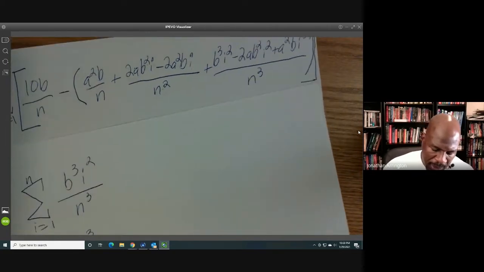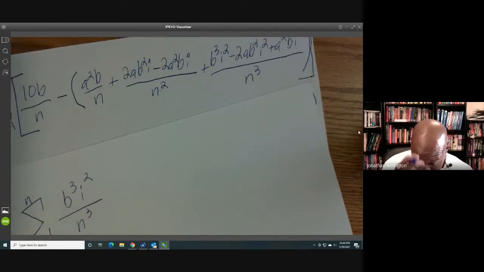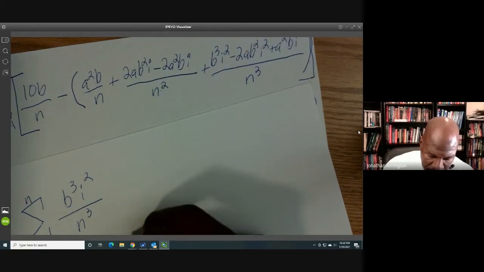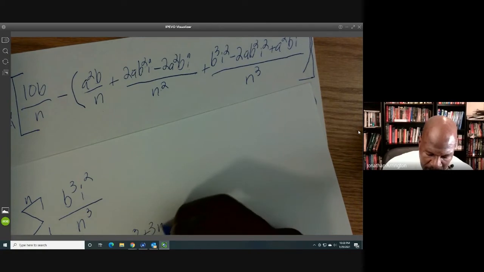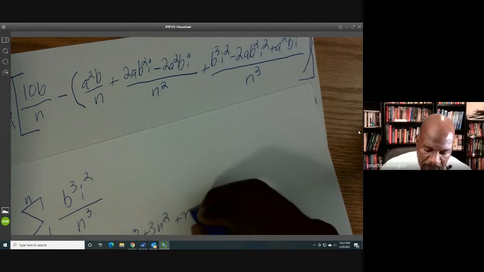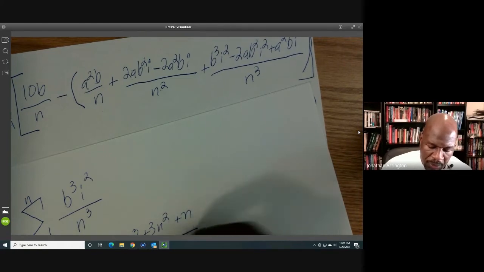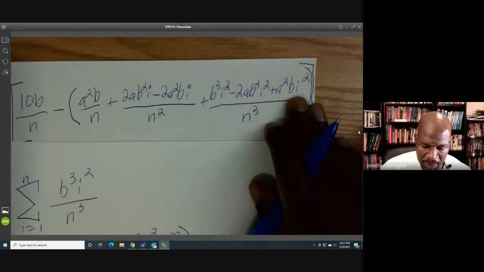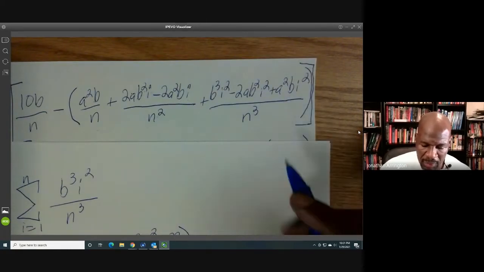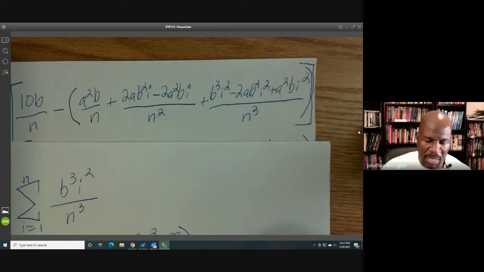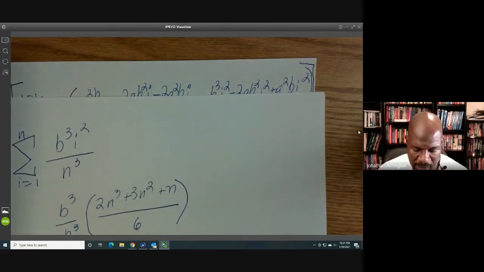So this times 2n cubed plus 3n squared plus n over 6. And what you should notice is that all 3 of these are going to be multiplied by this guy.